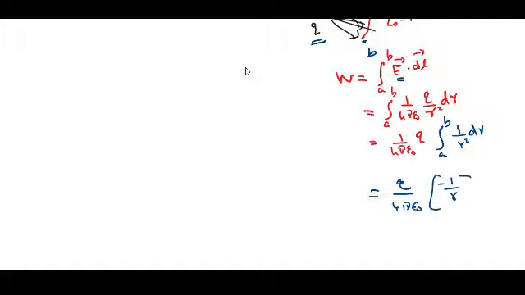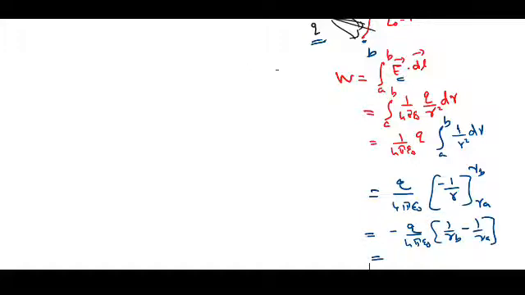This is minus 1 by r. If I put, instead of a and b, the distance from the source charge to the point b as rb, and to the point a as ra, this will be equal to minus q by 4 pi epsilon 0 into 1 by rb minus 1 by ra.